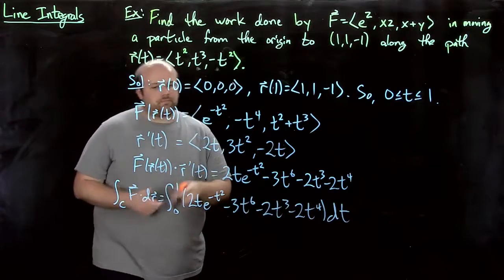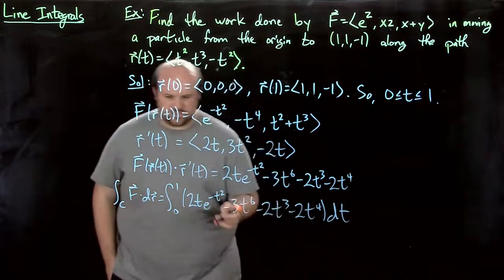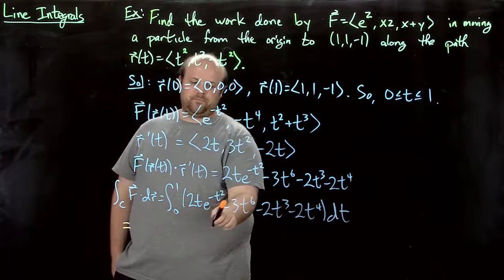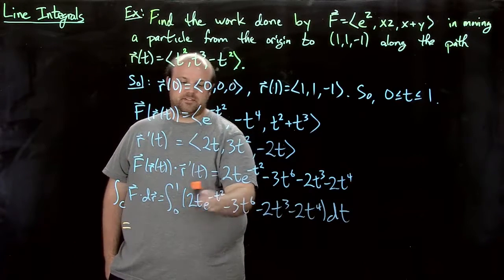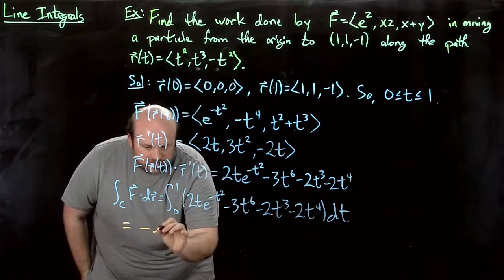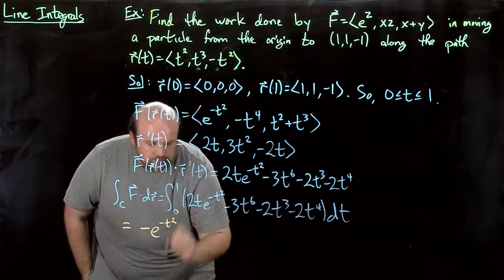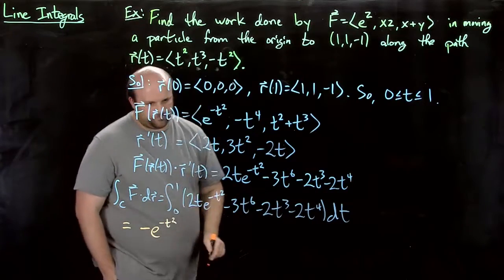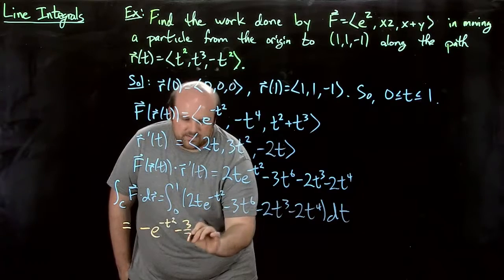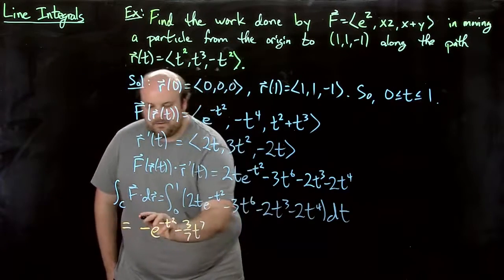So how do we integrate this stuff? This one, we need to integrate with the u substitution, and we'll see we get negative e to the minus t squared. Integrating this, minus 3/7 t to the 7th.